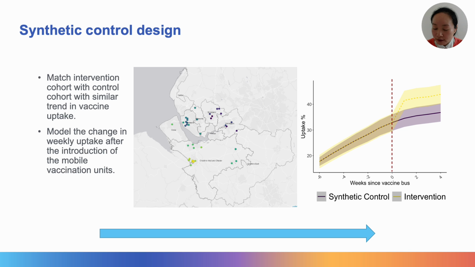So before this intervention was applied, we wanted to find a synthetic control group that perfectly matches that of the intervention group. So after the intervention, any difference in the outcome variables can be used as the measurement for the treatment effect.